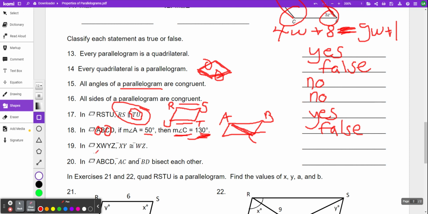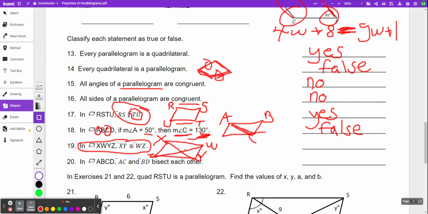Parallelogram WXYZ. You're going to make me draw this again. Are they trying to trick me? W, X, Y, Z. XZ is not even a side. Oh, is congruent to WY? This is only in rectangles. So they are talking about XZ and WY, which are the diagonals.